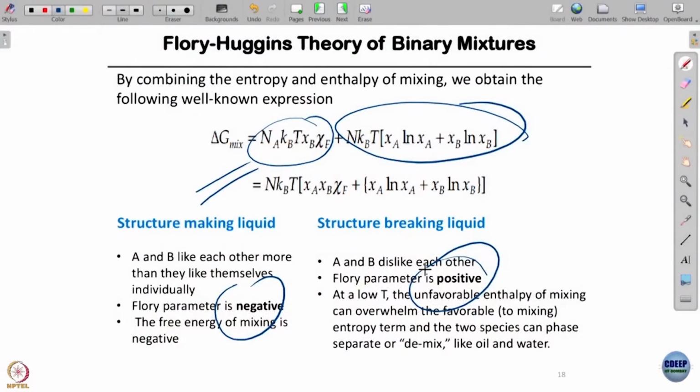So suddenly I am beginning to have a little bit of sense of structure making and structure breaking, and if I can have some idea of that, then I can put them into a statistical mechanical theory. So from this delta epsilon AB, if I can make an estimate of that, then I can take it over to my Lennard-Jones parameter, and I can do a statistical mechanical theory.